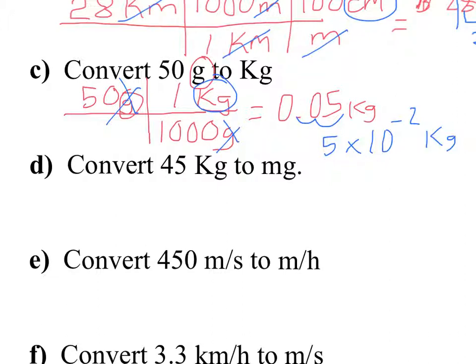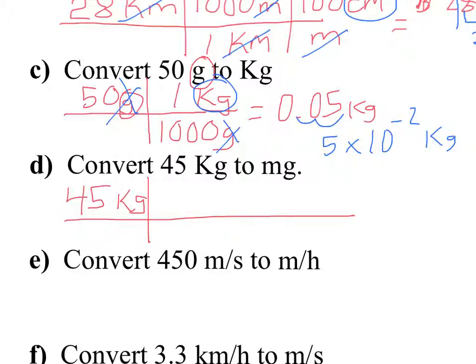The next one, we convert 45 kilograms into milligrams. So we're going from one side of the stair step, the large side, to the small side. We'll start with our given 45 kilograms. And we're going to stop along the way at our base unit.